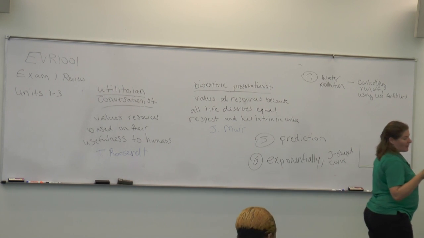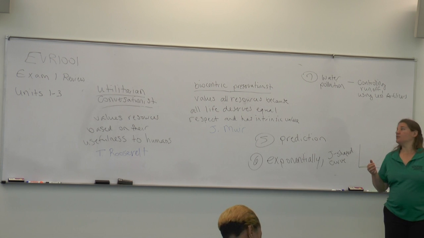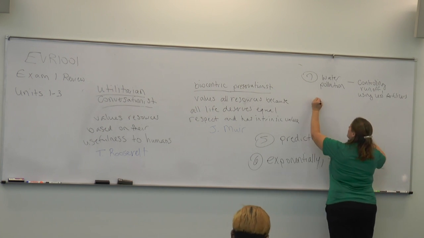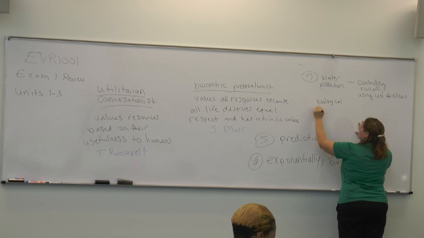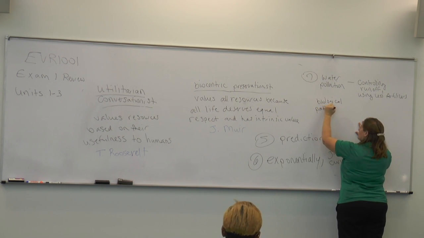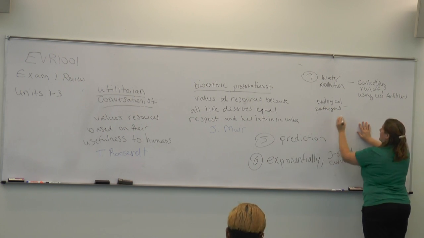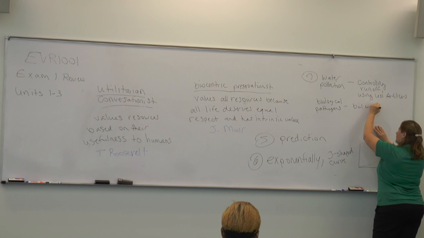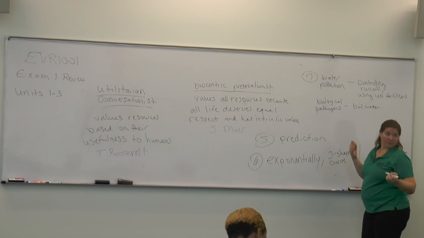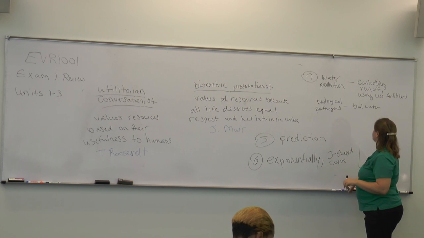So you're saying like biological pollution, right? It's another type of water pollution, biological pathogens in the water, and the possible solution to that is boiling water, right? It's sort of a subcategory of water pollution.